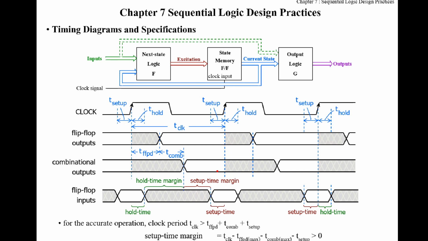So we should note that the frequency of the clock is limited by the propagation delay of the flip-flop and next state logic F. For example, when the clock ticks here, it needs to wait for the propagation delay of the flip-flop and next state logic F. Then this output, or excitation signal from circuit F, becomes available.